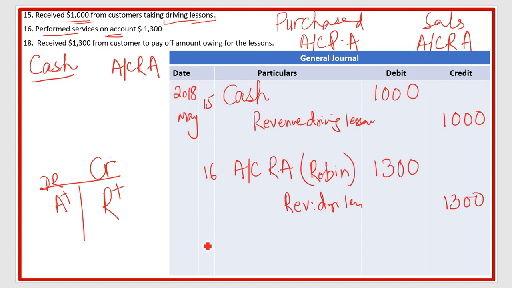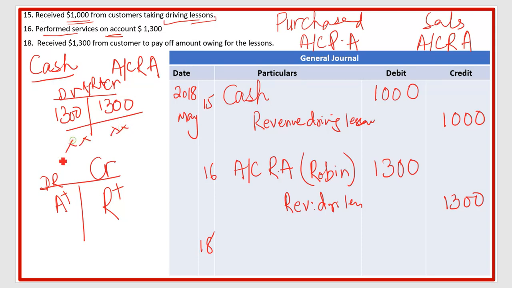And on the 18th, suppose you have received 1300 from Robin. So what will happen? Now we have 1300 on the debit side of this T account, and Robin is going to pay on the 18th. When you receive the amount, our accounts receivable will be 0. You have to write down on the credit side, because assets decrease on the credit side, then the balance will be 0. There will be no more to receive from Robin.